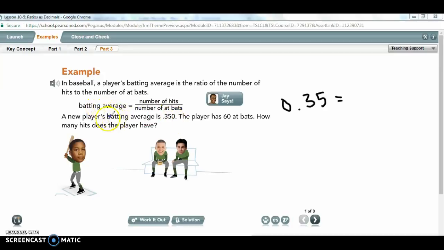Right now I'm just filling in the numbers to my equation, which is how I knew this number goes here. My next is the fraction or the division problem. Number of hits I do not know, and the number of at-bats is 60.